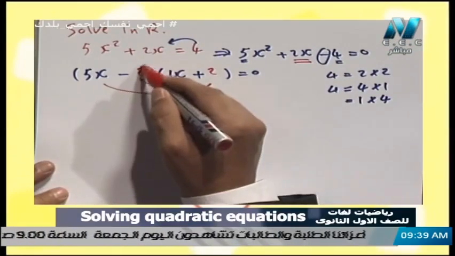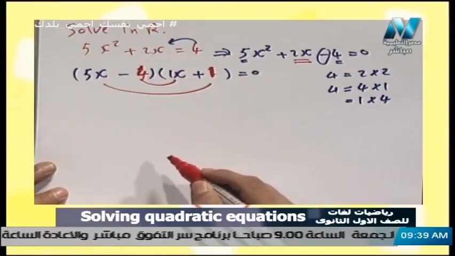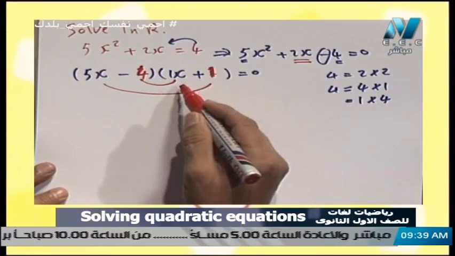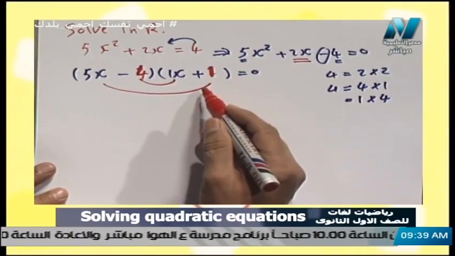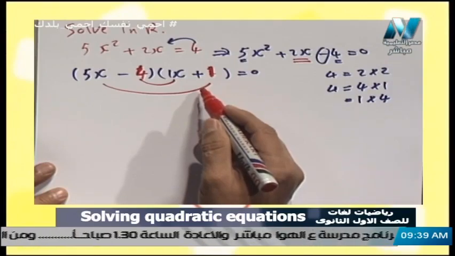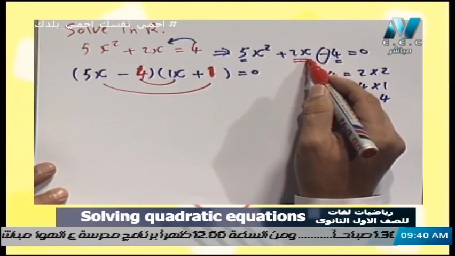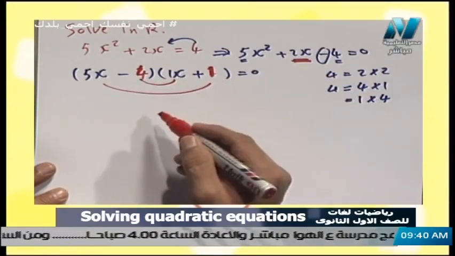Put it 4 multiplied by 1 and check. The product of means equals negative 4x and product of extremes equals 5x. By adding each other will be positive 1x, and it's false. So the solution here will not be 4 multiplied by 1.